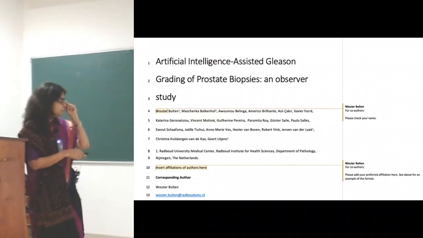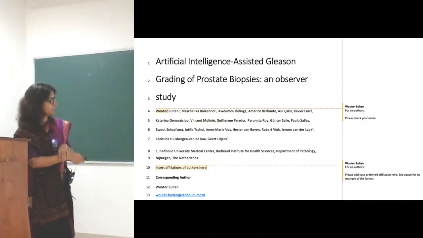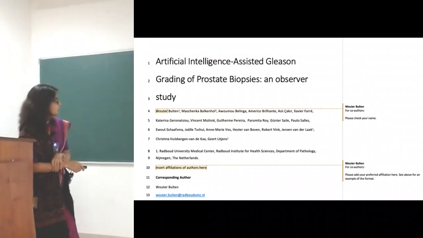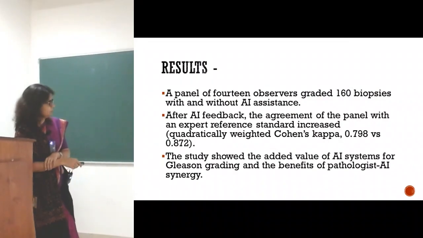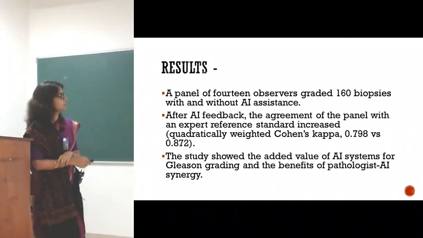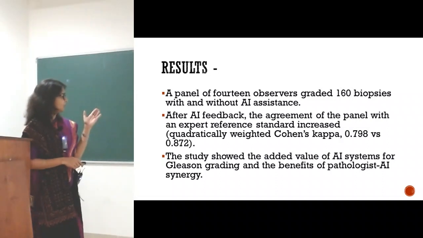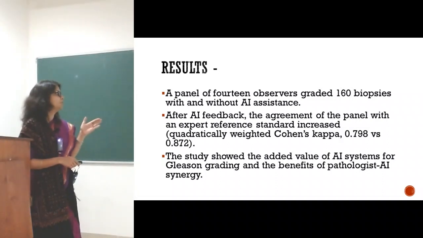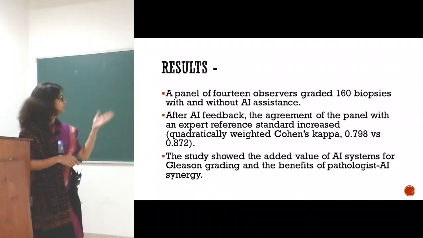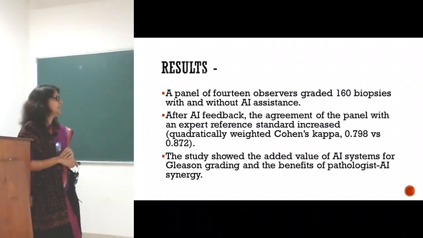We have written up this paper, and it's been sent to Nature Communications. The final outcome was that after AI feedback, the agreement with the panel of experts, around 14 observers who had graded these biopsies, and the inter-observer variability improved from 0.79, which is actually pretty good, to 0.87.